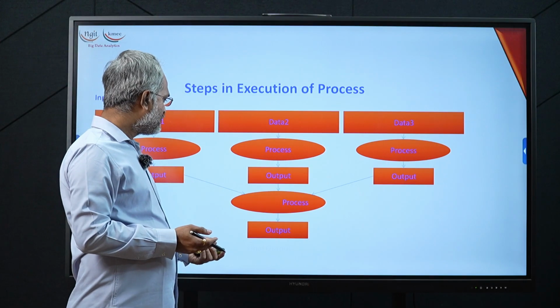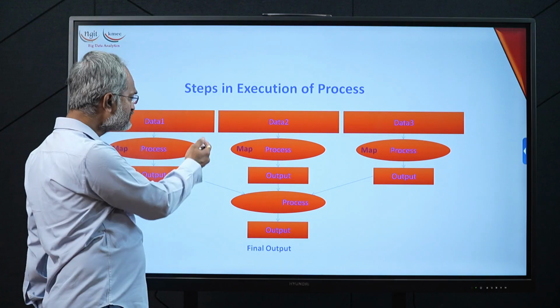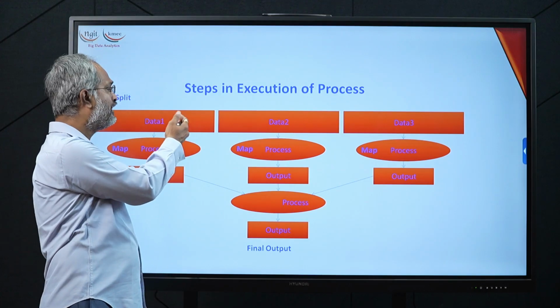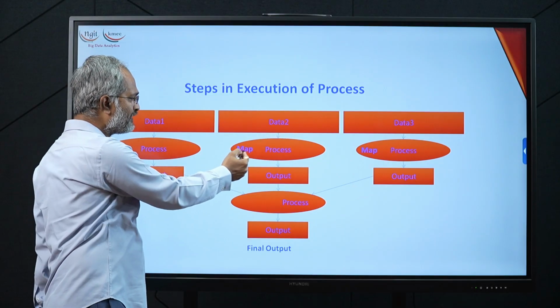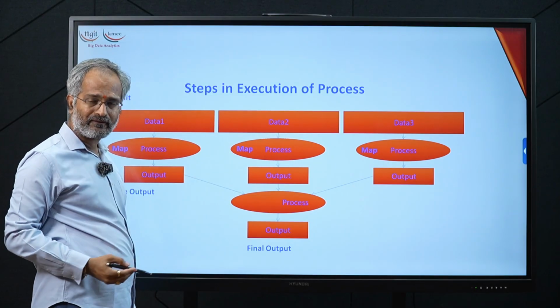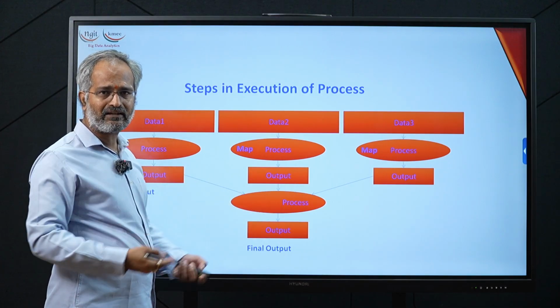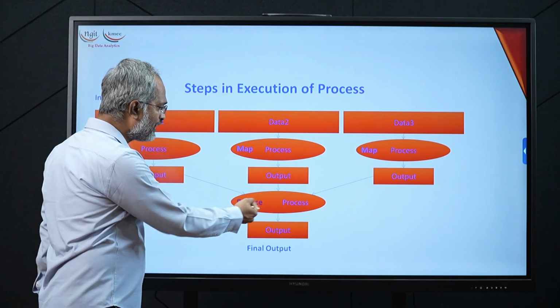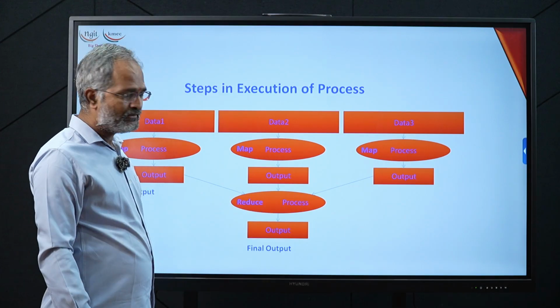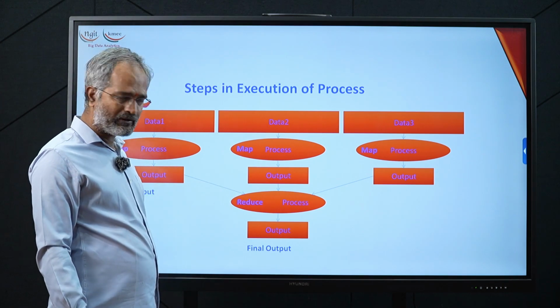The process which is executed for each and every split is called the map process. And the process which is aggregating, the next level of summarization, is called the reduce process. So these are the two phases of this programming model.